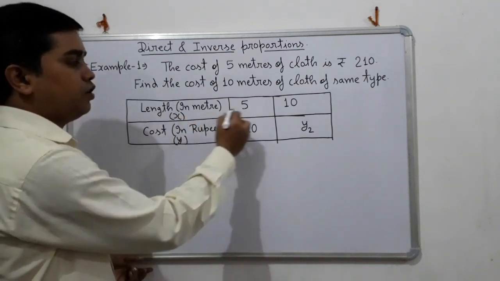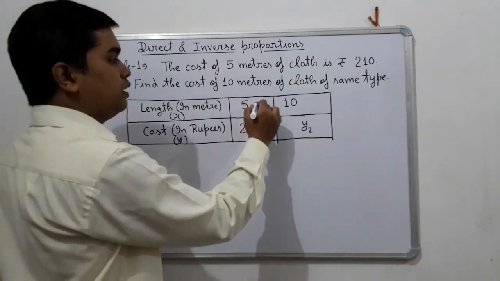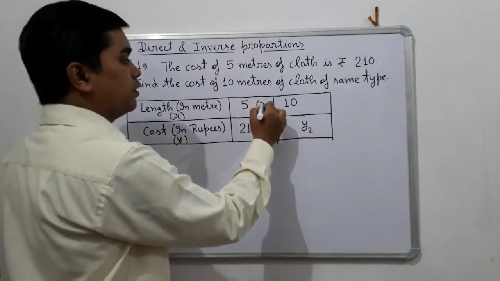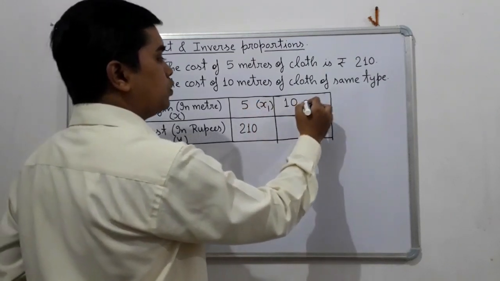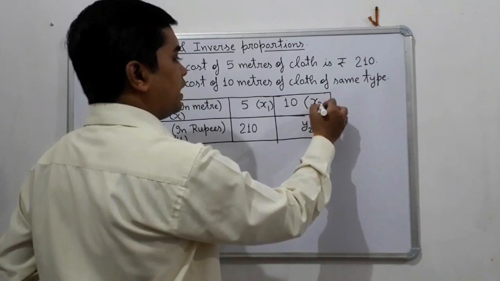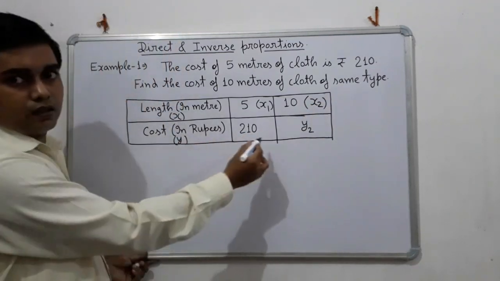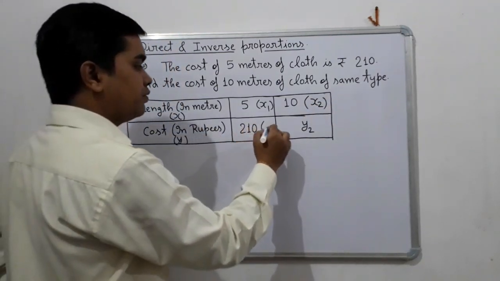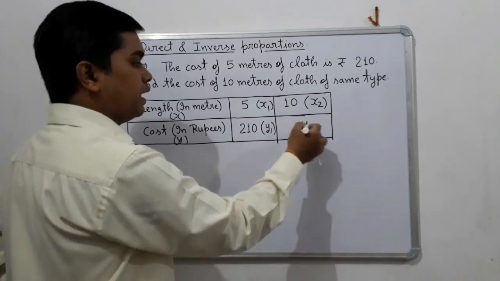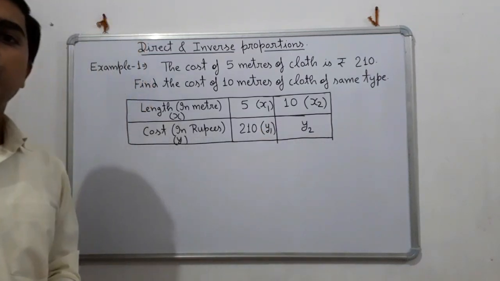In line of x, this value you will take as x1 and this value you will take as x2, and in line of y you will take the first value as y1 and this second value will be y2.